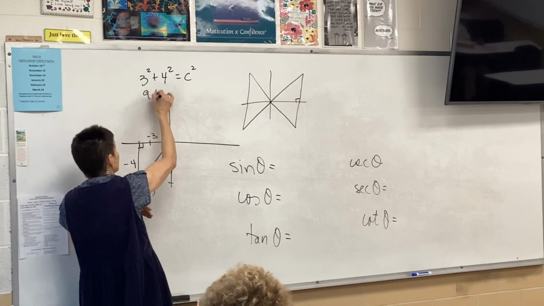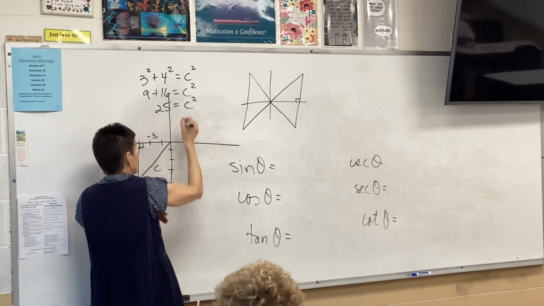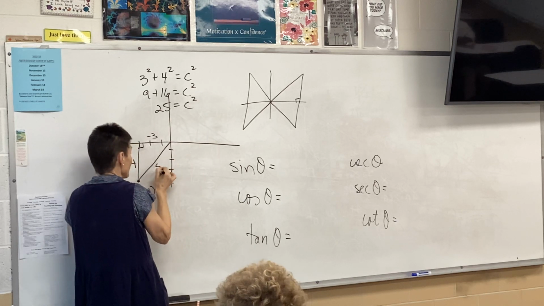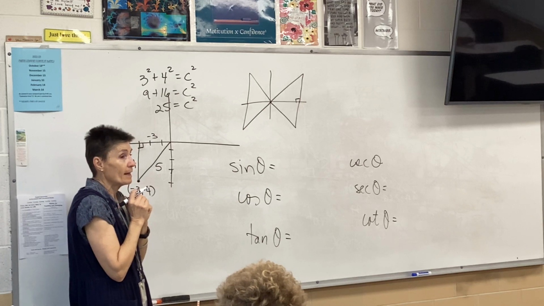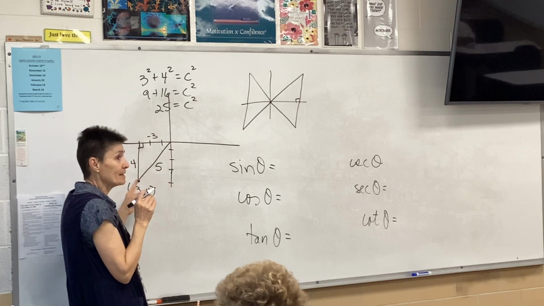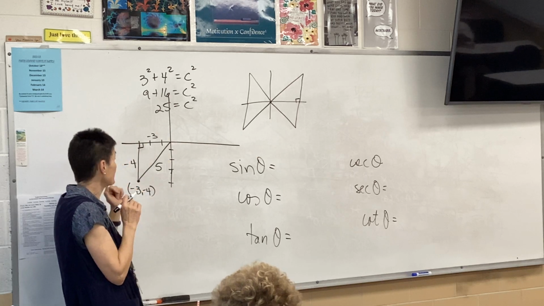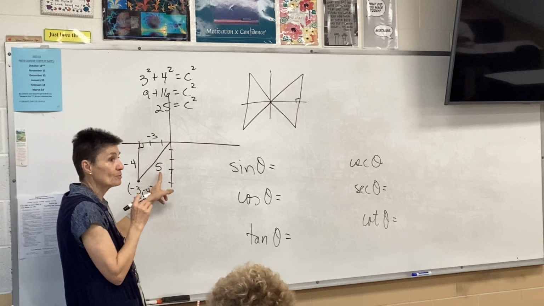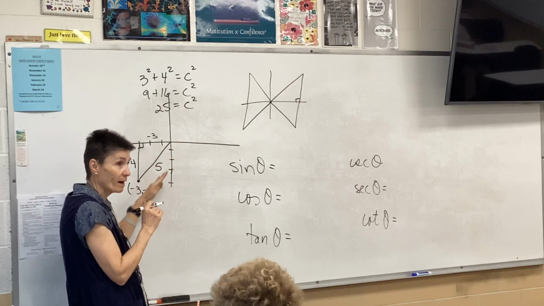So 9 plus 16 equals c squared. So did you get 5? Remember, your hypotenuse is always positive. A and B can be negative depending on where you are in the coordinate system, but the hypotenuse is always positive. Always positive.